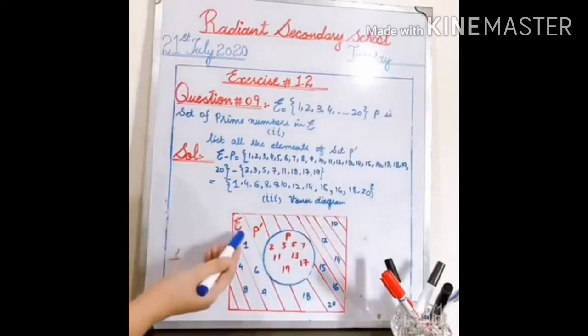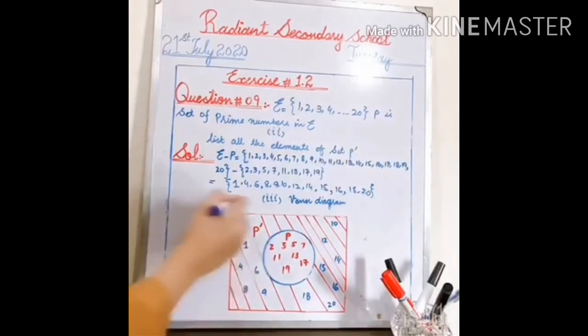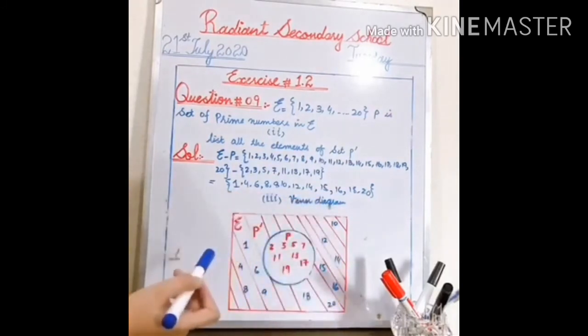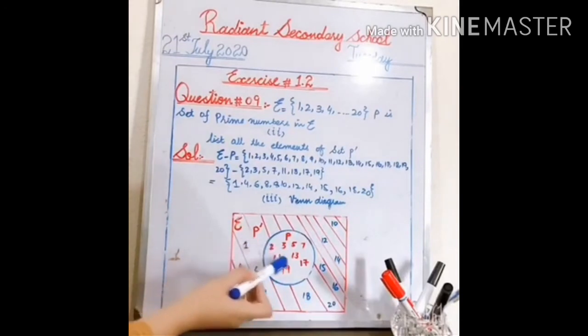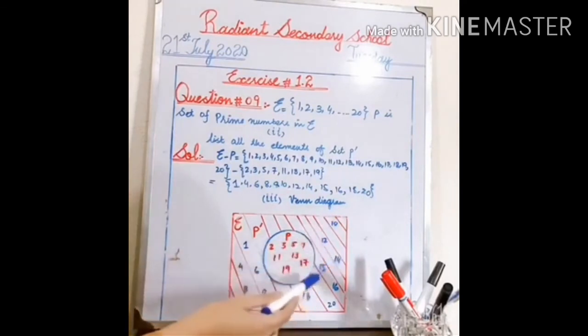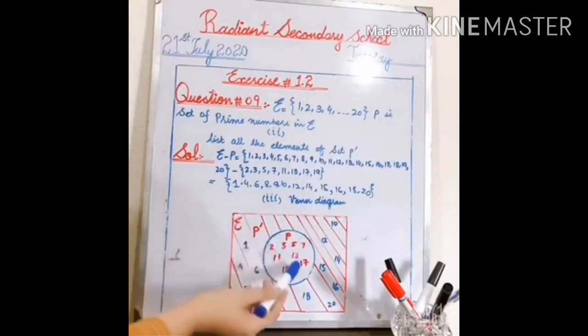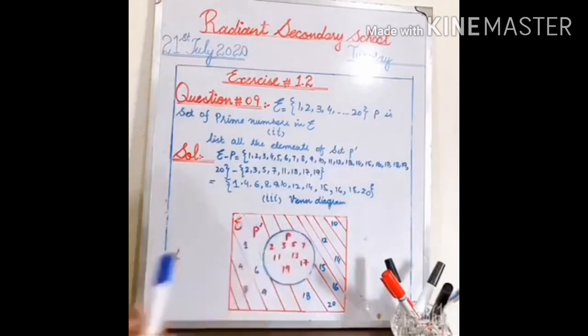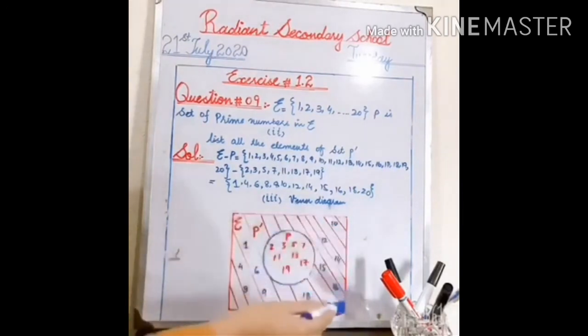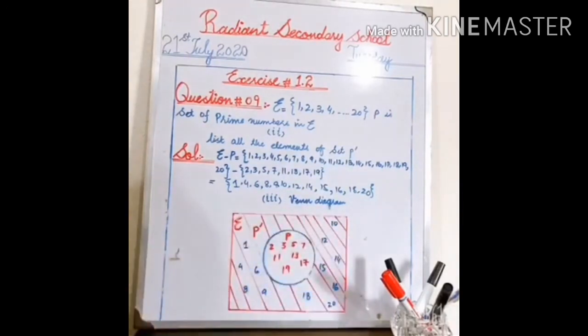And in this box of E we will write down those elements which do not belong to set P: 1, 4, 6, 8, 9, 10, 12, 14, 15, 16, 18 and 20. These are those elements which are not in this circle. So we will write down all those elements here.